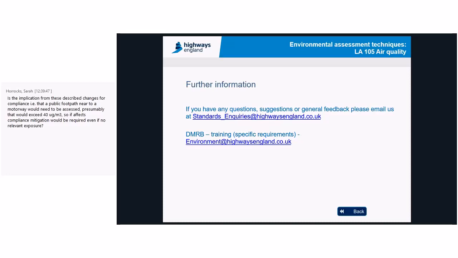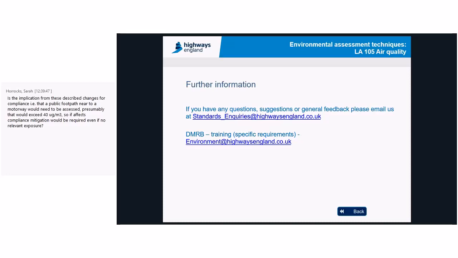Again, risk features, I think, Sarah, just picking up your point as to when it came in. Receiving the designated habitats are there, and there is clear advice within LA 105 around the procedural steps working through the NOx concentrations, the 30 microgram standard, and working through to nitrogen dioxide, through to nitrogen deposition, and then the judgment of impacts.